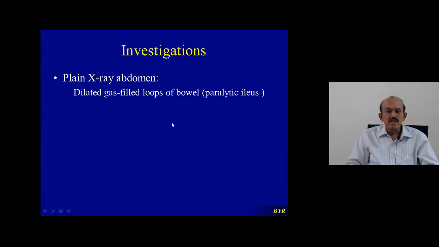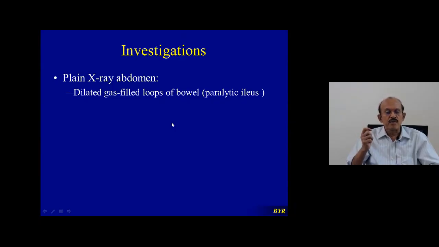So, the investigations for peritonitis: number one, total count, then urine examination, then you go for plain X-ray abdomen in supine and erect postures. Then you do serum amylase estimation to exclude pancreatitis. Then you do ultrasound scan to look for the gallstones, the pancreas, the appendix, and any cysts or masses which have undergone torsion, like ovarian cyst with torsion.